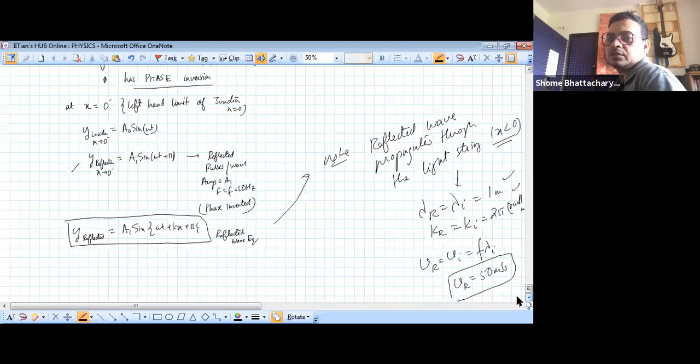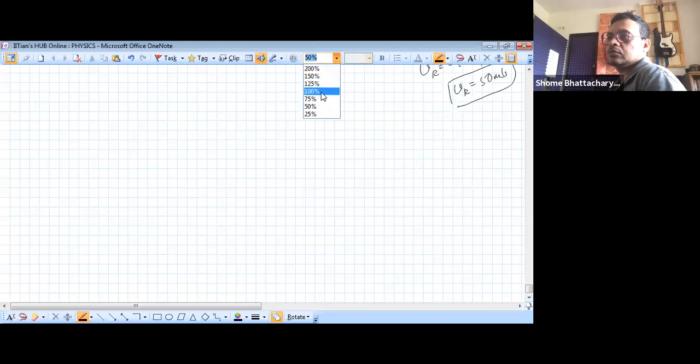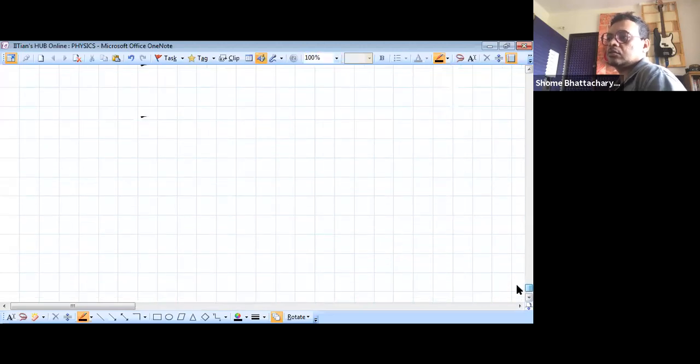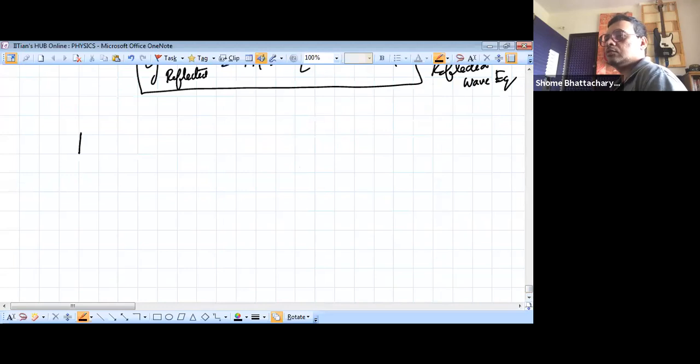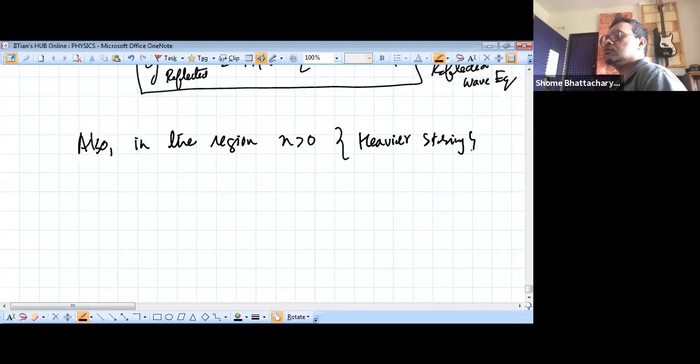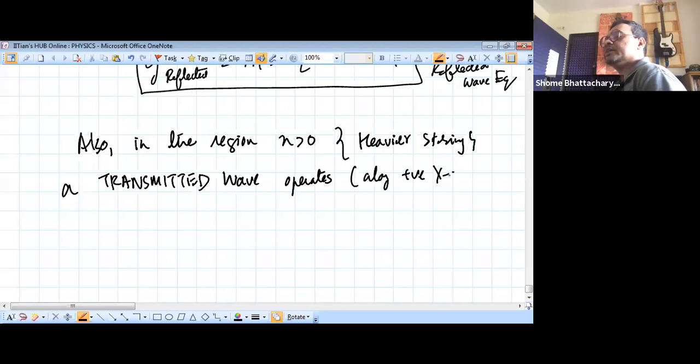So now we are coming to the transmitted situation. Okay, so also in the region x greater than 0, that is on the heavier string, a transmitted wave propagates along the positive x-axis.